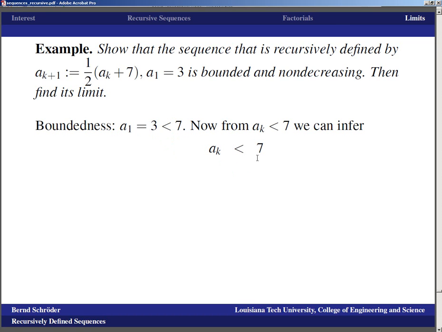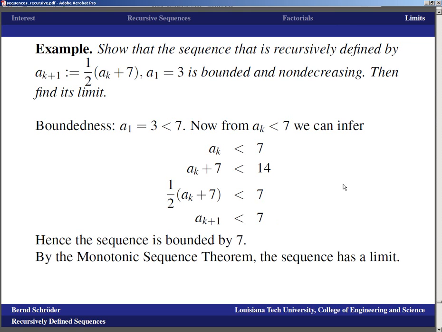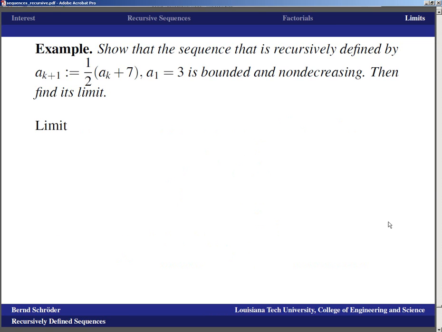So a_k smaller than 7 gives us that a_k plus 7 is smaller than 14, gives us 1/2 (a_k plus 7) is smaller than 7 again, and that means that a_{k+1} is smaller than 7, and that means the sequence is bounded above by 7. That's in fact what we want, because bounded above and non-decreasing tells us by the monotonic sequence theorem that the sequence has a limit, and that limit now is something that we can compute.